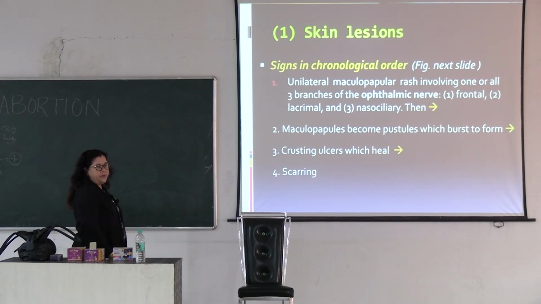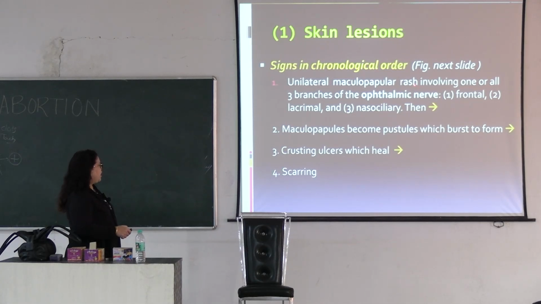First, a unilateral maculopapular rash erupts, and it involves all 3 branches of the ophthalmic nerve. What are the branches of the ophthalmic nerve? Frontal, lacrimal and nasociliary. These are the 3 branches of the ophthalmic nerve.